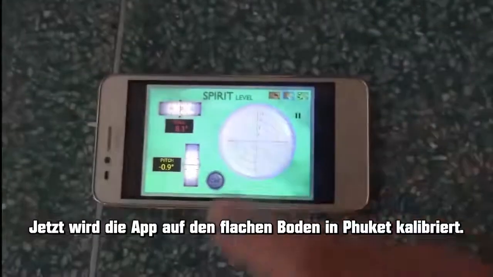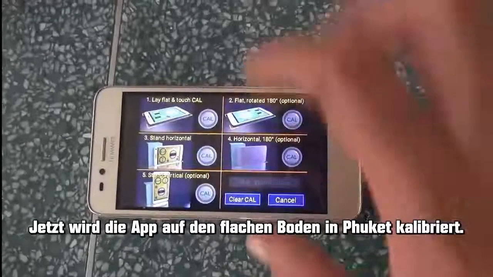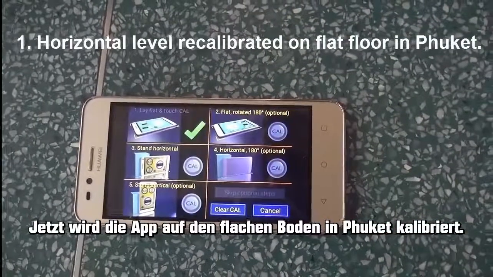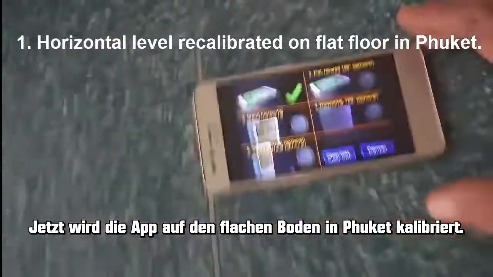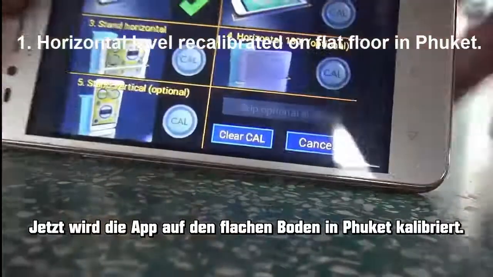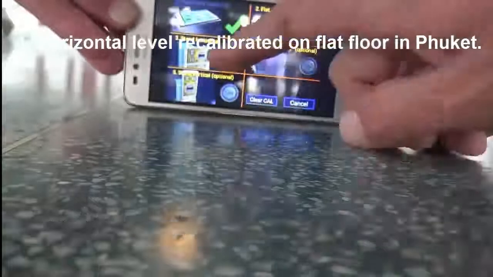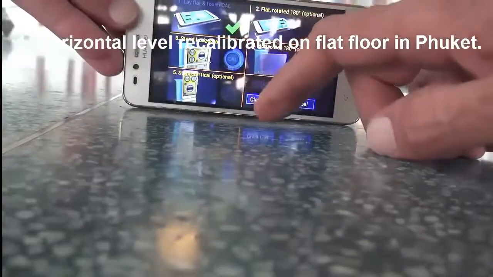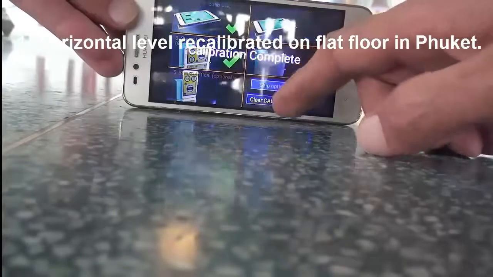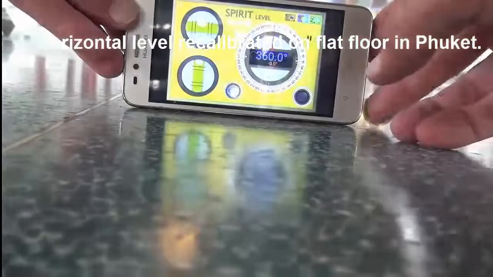So now I'm going to calibrate it for being on the level. Okay, let me just stand this up again. Calibration complete. Okay.